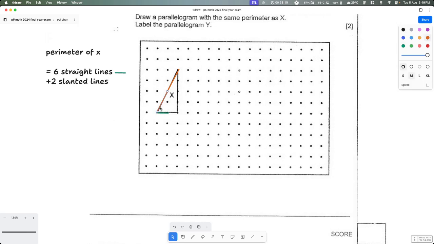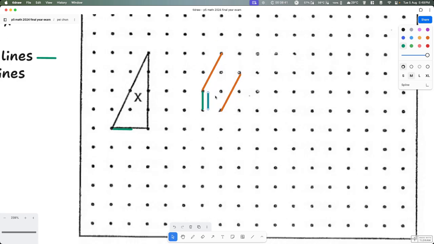So in this case we draw exactly the same, so you can do 1, and then you can do this 2 as well, like this. We need 6 straight lines. So you have 1, 2, and then 3. Then you can move the slanted line below like this, and you have 3 as well.